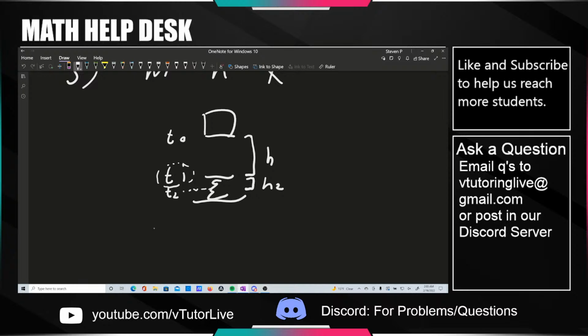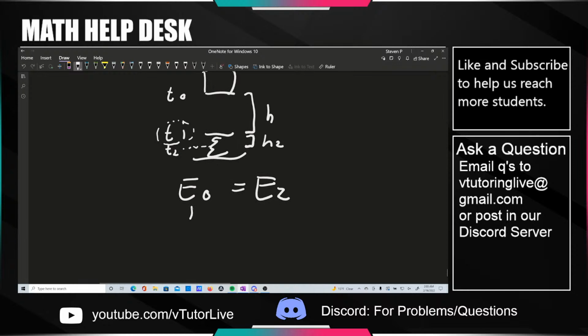If energy is being conserved, the energy of the system at 0 is equal to the energy of the system at 2, and the energy of the system at 0 is basically just mgh plus mgh2. Let's define the very bottom of the compression to be our 0 point for potential energy.